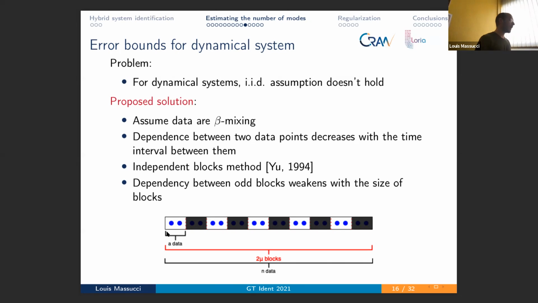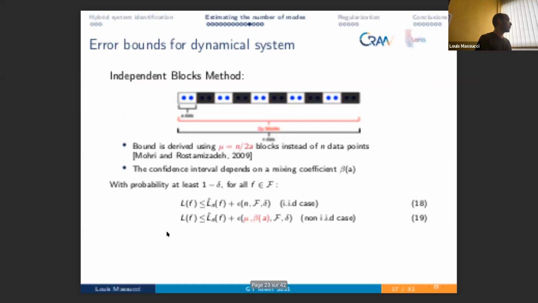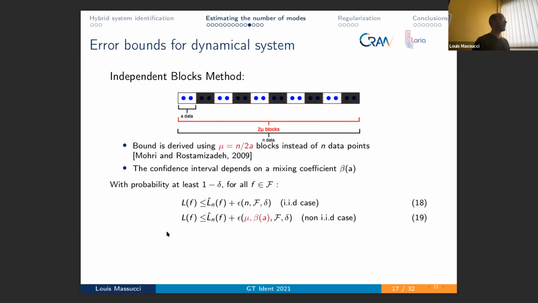So at first we had a sample of n dependent data points, and now we have a sequence of mu blocks that is less dependent. So doing so, our data are less dependent, and we can apply bounds similar to what I presented before. Indeed, now we can derive bounds using mu blocks instead of n data points.